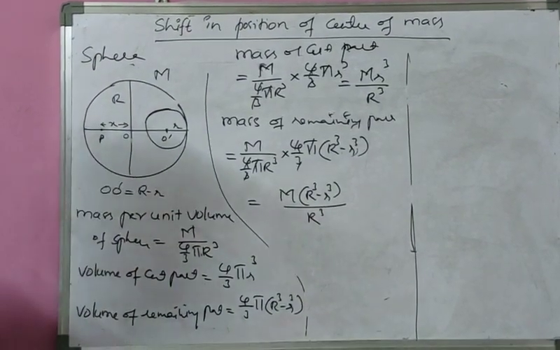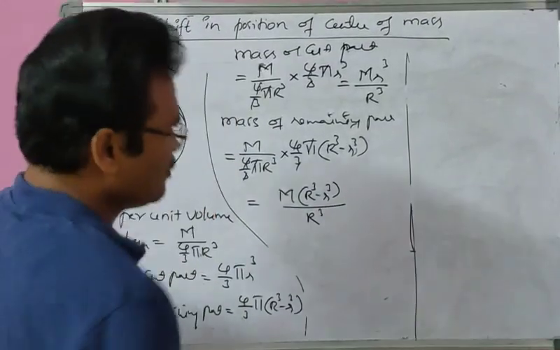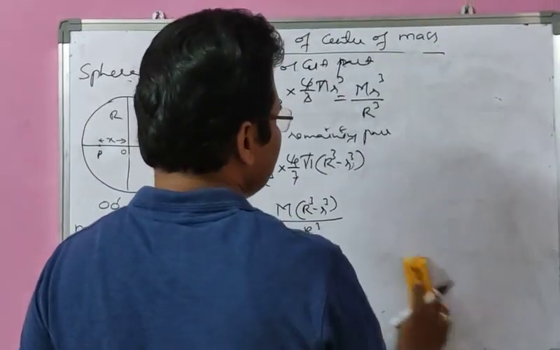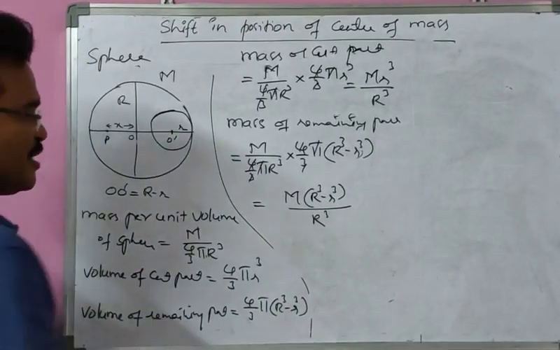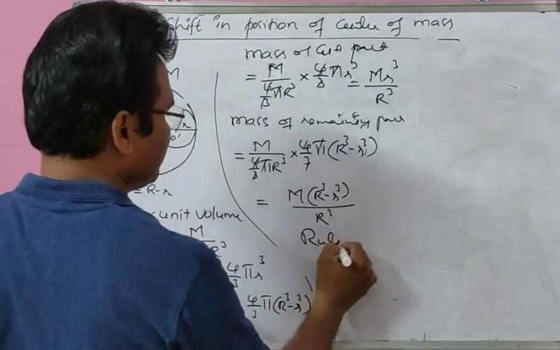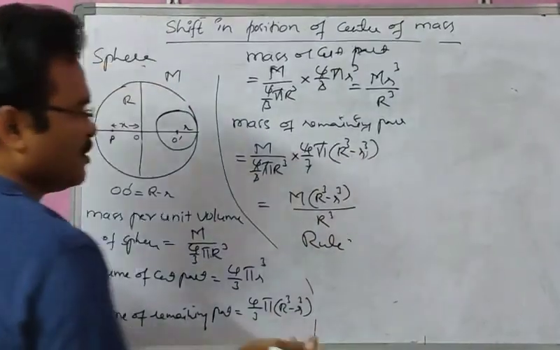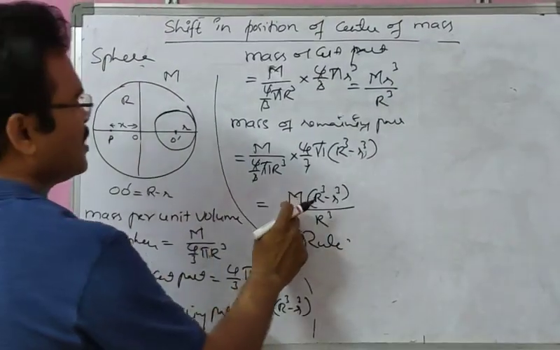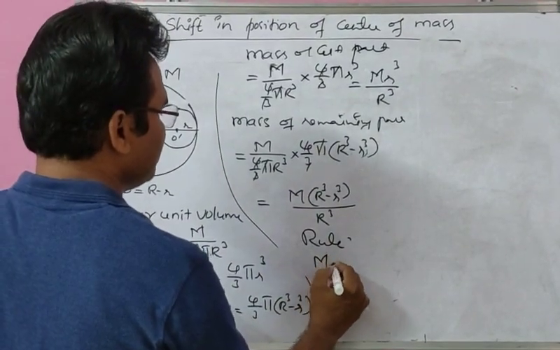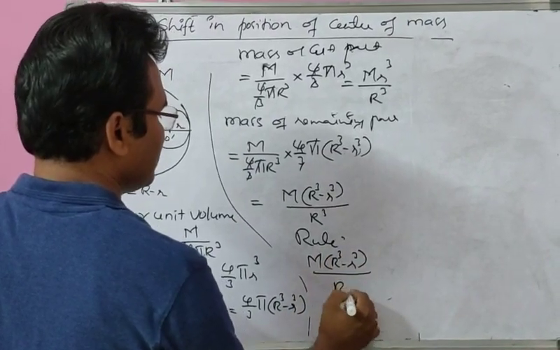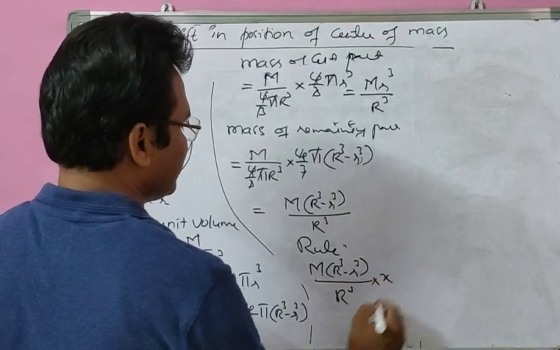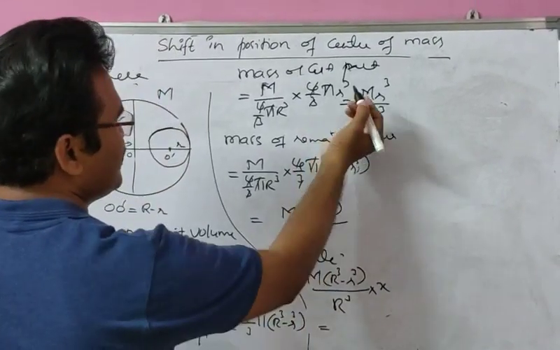Let us apply the rule here. So what is the rule here? Moment of remaining part about center of mass equal to moment of cut part about center of mass. So I'm applying the rule here. Moment means, first of all, mass into distance. So mass is what here? This one, M of R cube minus r cube by R cube into distance x, equal to, what is the mass of this one here?